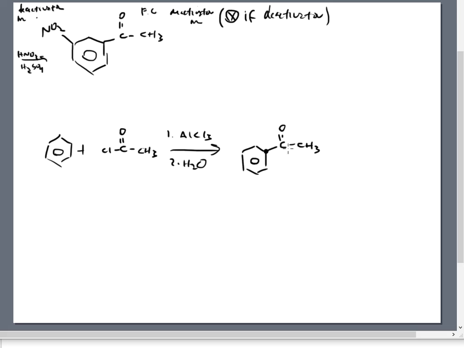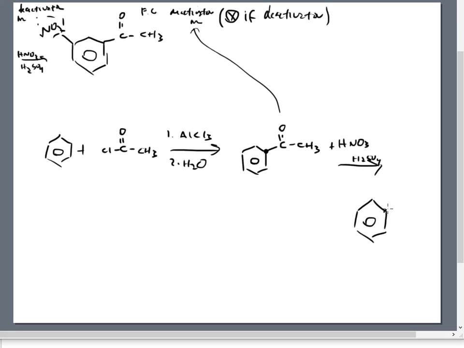Now that this group is on, this group is a deactivator and it is a meta director, which is great because that's exactly what we need. So now I need to add on the NO2 group in the meta position. So in order to do that, I'm going to add HNO3, and then H2SO4 has to be on the arrow for a catalyst.